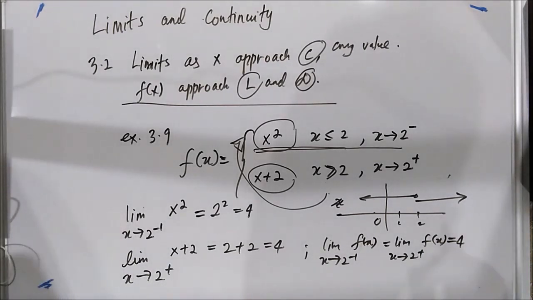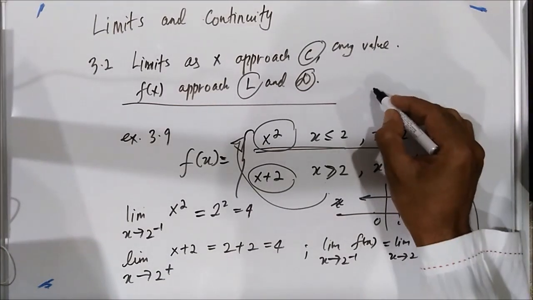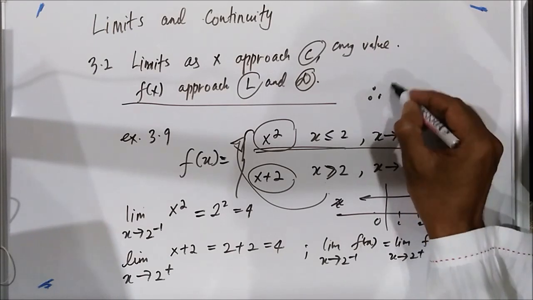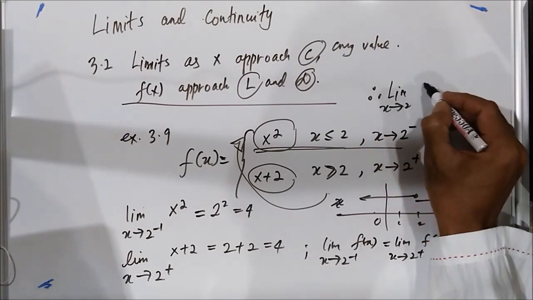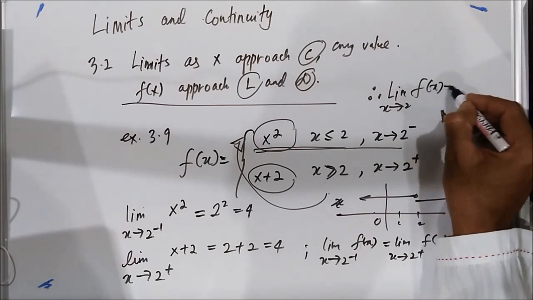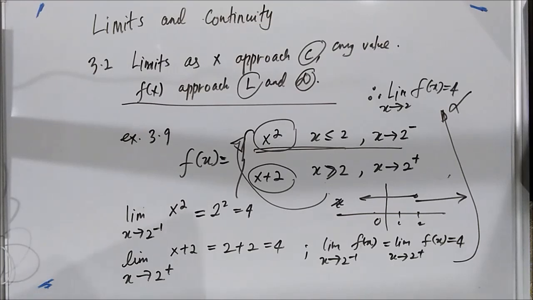And therefore the limit as x approaches 2 of f(x) is equal to 4. This is the final answer for this example 3.9.